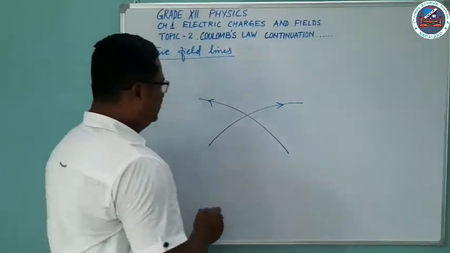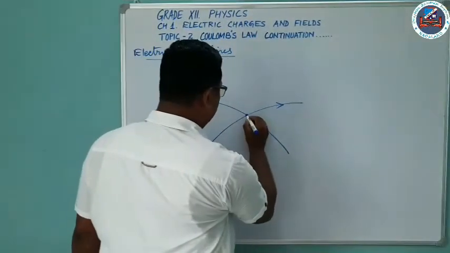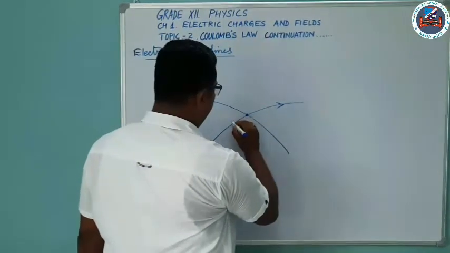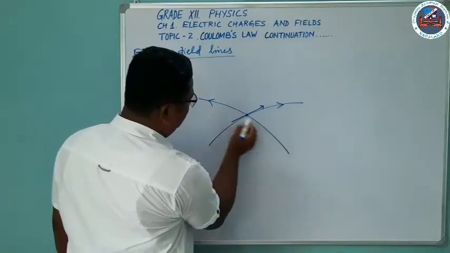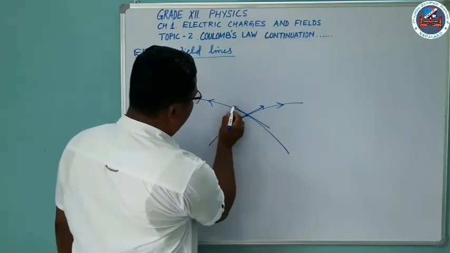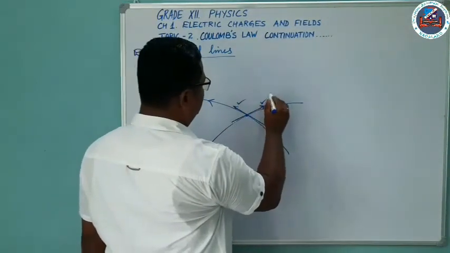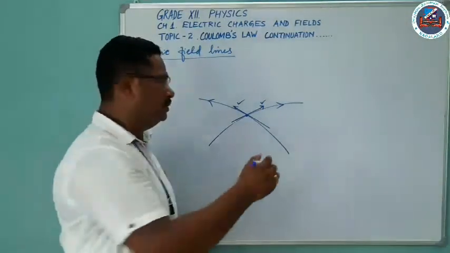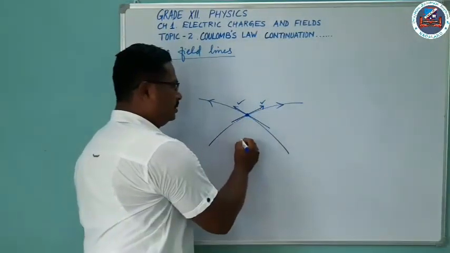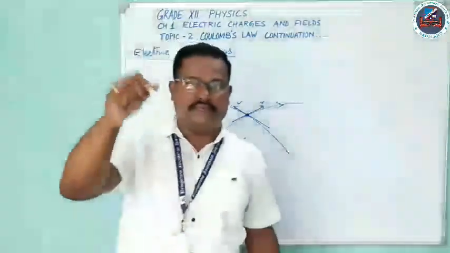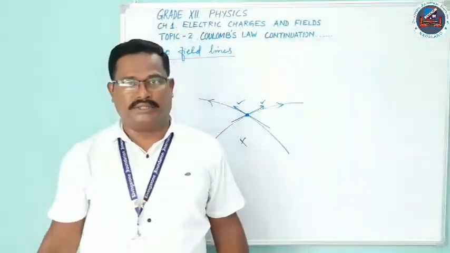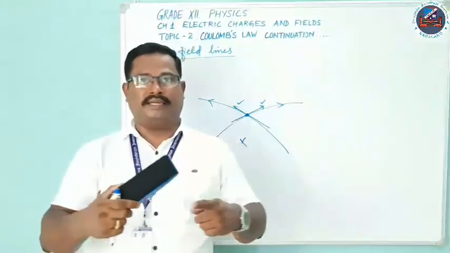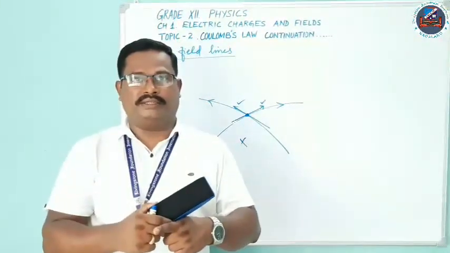At this point, if I draw a tangent for this curve it will be like this, and for the other curve it will look like this. So two different directions will come out at the same point, which is not possible. At any point on a field line there must be only one direction. That's why two field lines can never cross each other.